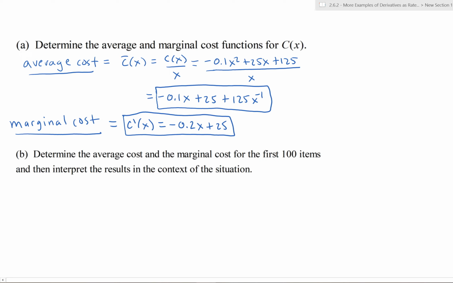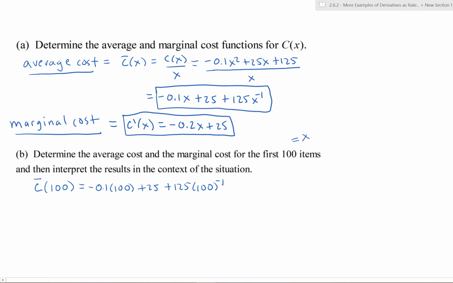So let's start with the average cost. Average cost is going to be C bar of 100, right? My x here is 100 items. So plug that in, I get negative 0.1 times 100 plus 25 plus 125 times 100 to the negative 1, or 125 divided by 100.